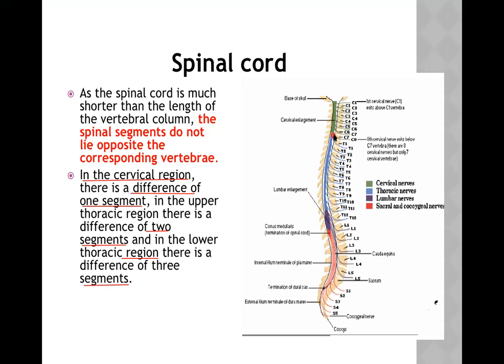So these are the different spinal nerves which are coming out from the respective vertebra. So already the C8 spinal nerve is coming from the lower part of C7 vertebra, so already I can see there is a difference of one segment. Now in the upper thoracic region, there is a difference of two segments. And in the lower thoracic region, there is a difference of three segments. So this is the important point.